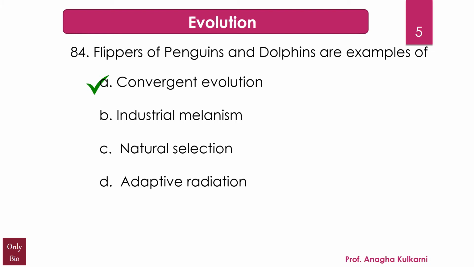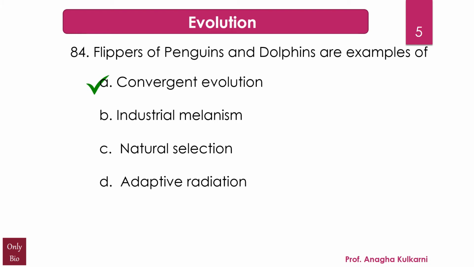Now the option B, industrial melanism, is the darkness of the skin or the feathers or the fur acquired by a population of animals living in an industrial region where the environment is darkened by soot. Many animals have a body color that allows them to blend in with their background, and this is also related to industrial melanism.